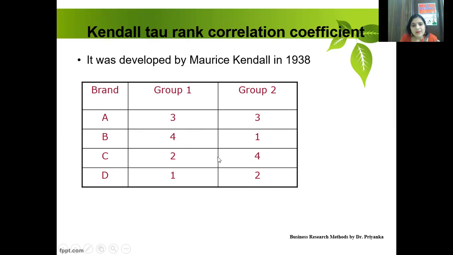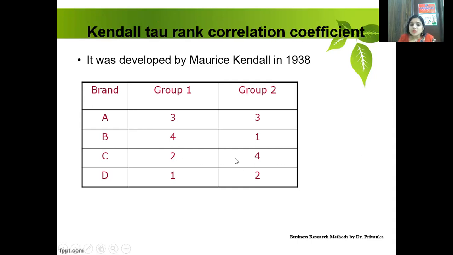Then brand B has been given rank by group 1 as 4 and group 2 has given it the ranking of 1. That means there is a negative change, right? So you'll be taking it as a -1. For brand C, group 1 says its rank is second and group 2 has given the ranking of 4.